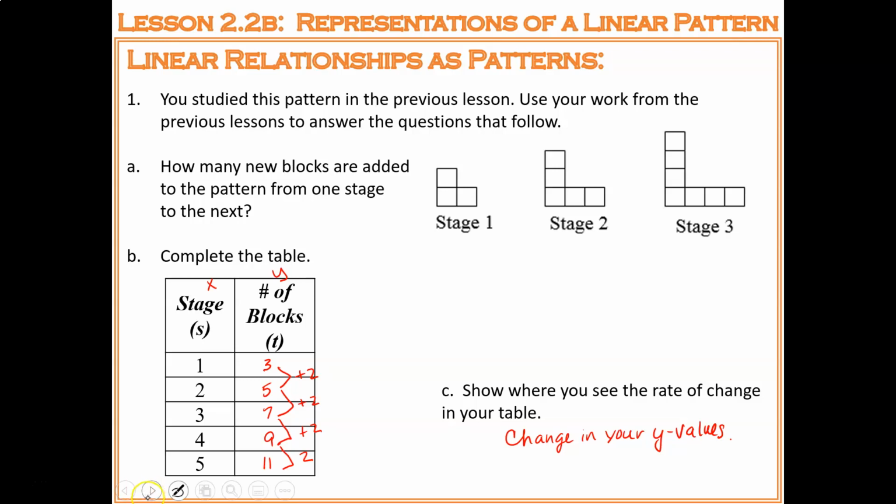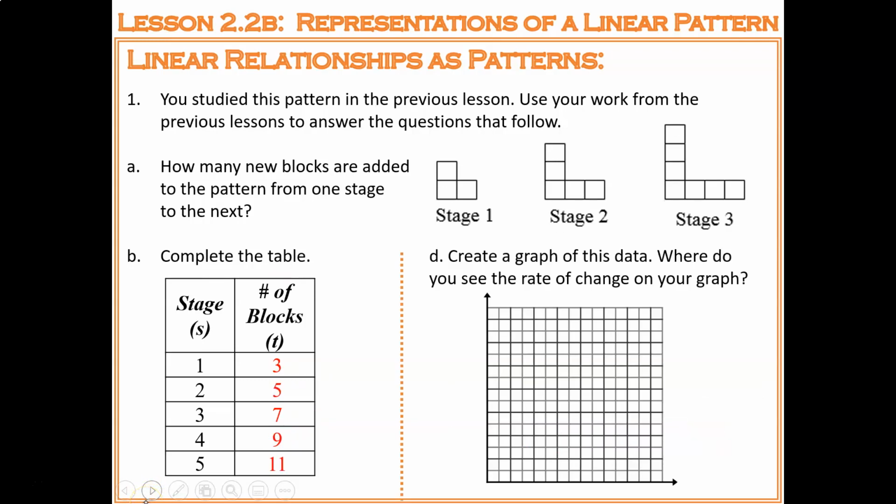So now, let's make a graph out of this information. Okay? So I guess we're still going to make this X and Y instead of S and T. So your stages are here on the X-axis, and your number of blocks is on your Y-axis.